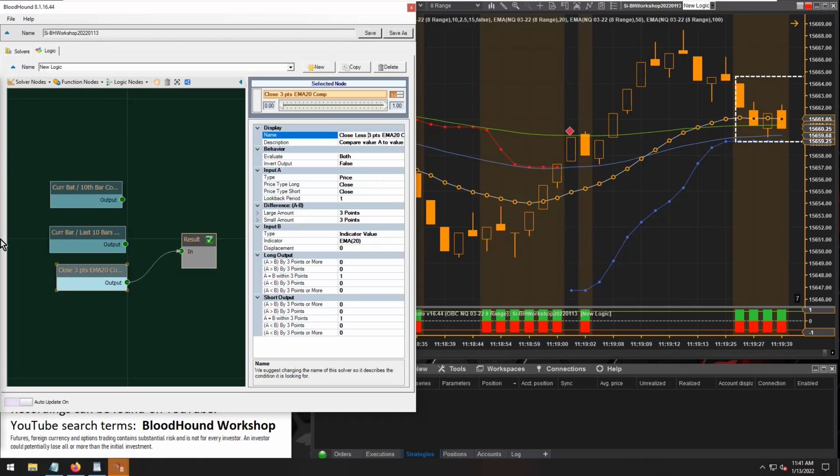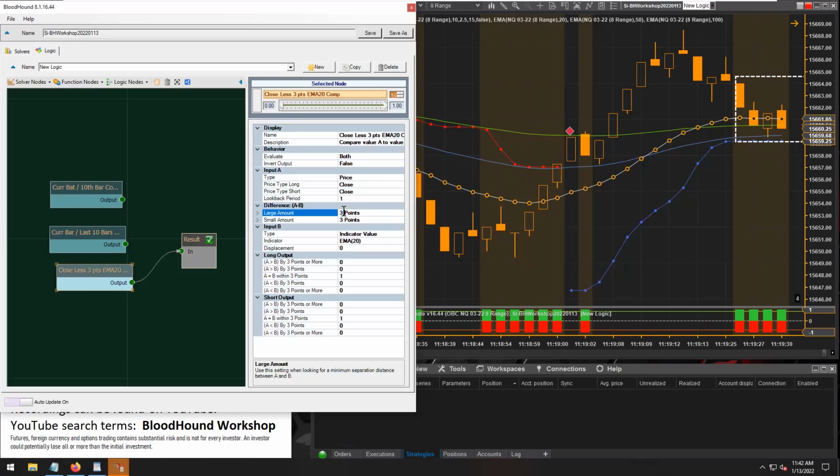So Dean's asking, with the large amount and small amount both set to 3, wouldn't that give a signal only at 3? No. The reason why I always set the large amount and small amount to the same is to remove the fuzzy logic.